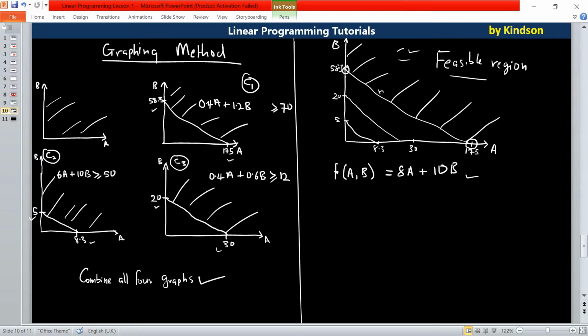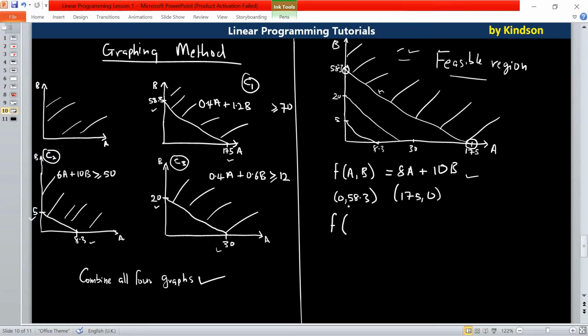The first point is 0 and 58.3, and the next point is 175 and 0. Fine. So the easiest thing to do is to calculate this function with these 2 values and check which value is a minimum, and then we take it as a minimum, right? So let's simplify.